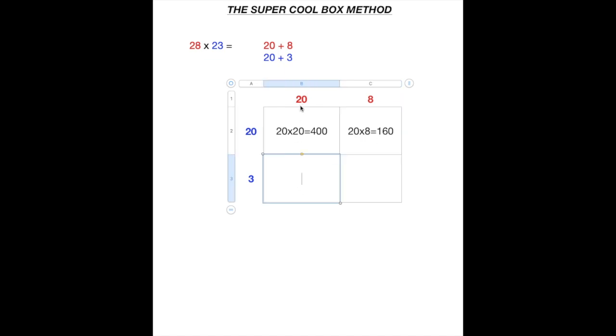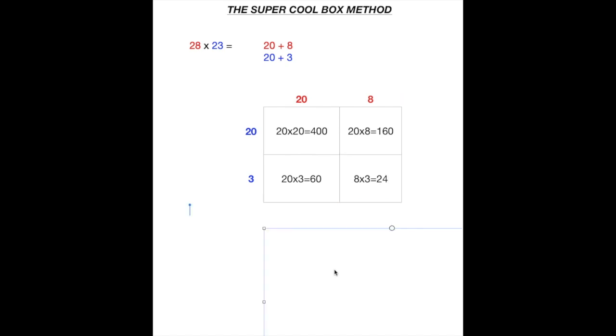All right, let's check this out. 20 times 3 equals, there's the 0 for the ten. 2 times 3 is 6. Put on that 0 for the ten. 20 times 3 is 60. And finally, 8 times 3. Well, 8 times 3 is 24. There we go. So we filled in our boxes.